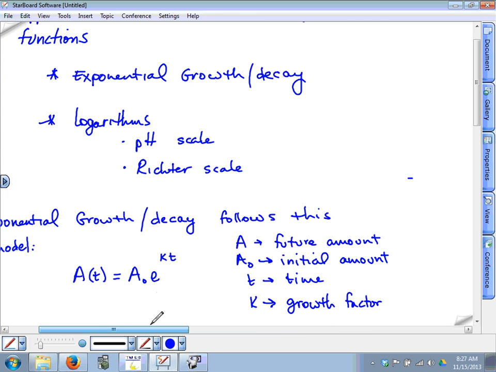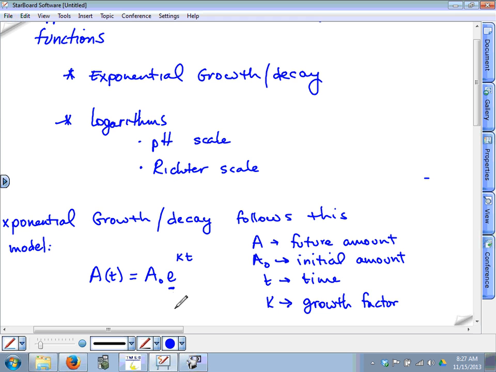But with the model we're using, the base is always e. What's the approximate value of e? 2.7. So if the base is larger than 1, wouldn't this always be growth? And the answer is no, because if k is less than 0 or negative, that turns us into a decay problem. So that's how that works. We can use the same model to model exponential growth and exponential decay.